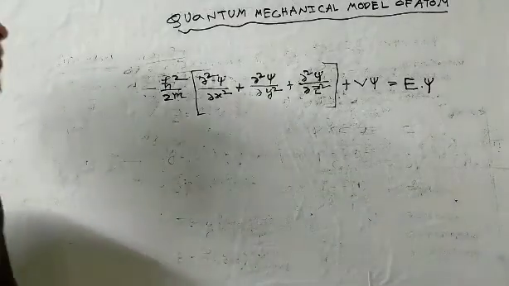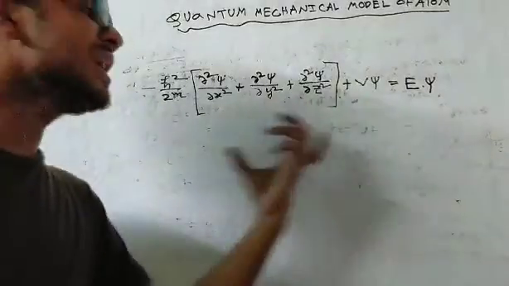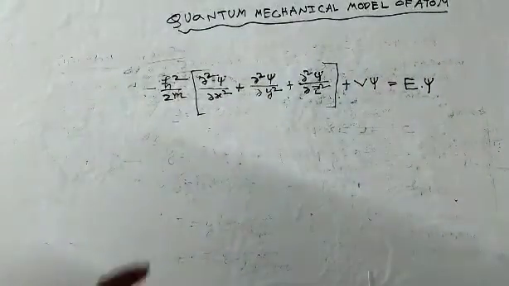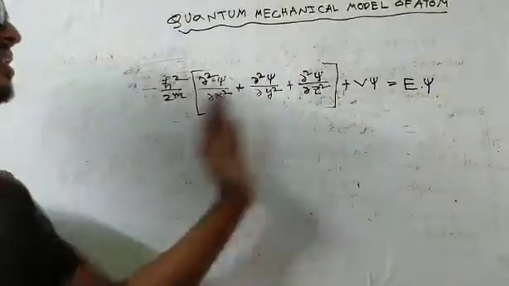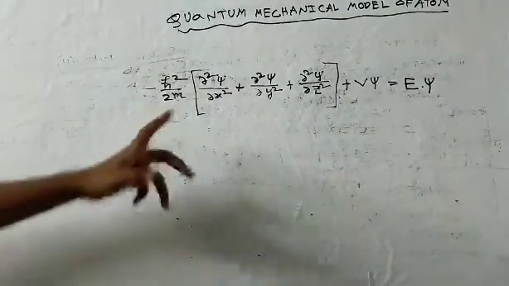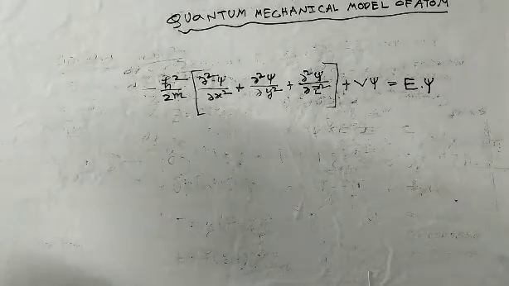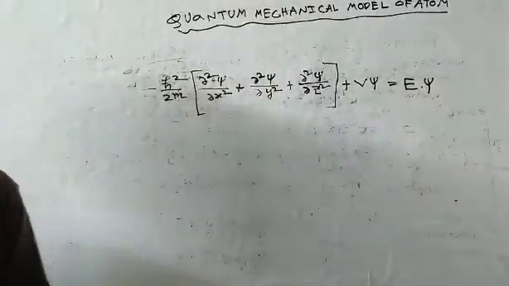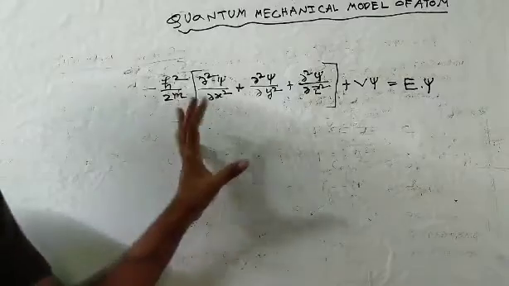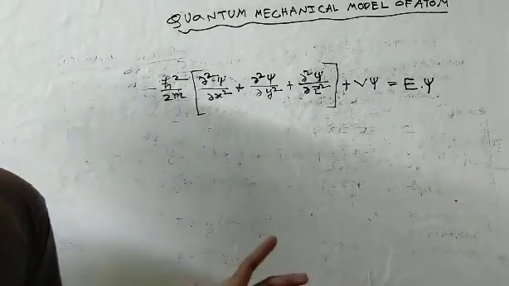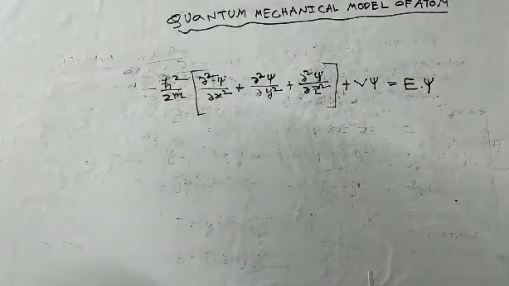By looking at this equation, we can tell that it is a differential equation as it contains differential terms, or calculus terms, like del square psi del x square, del square psi del y square, and del square psi del z square.